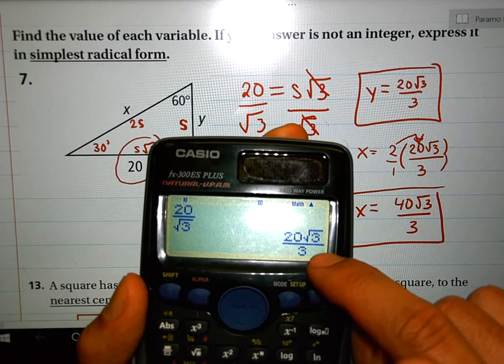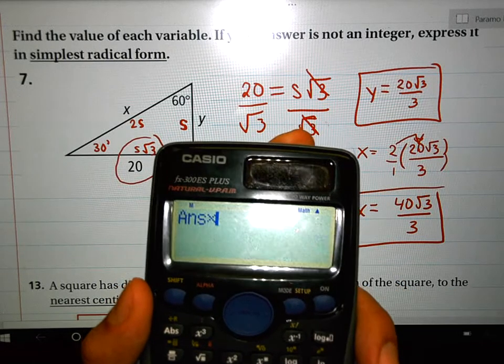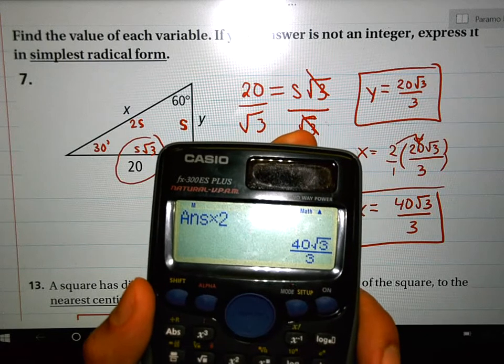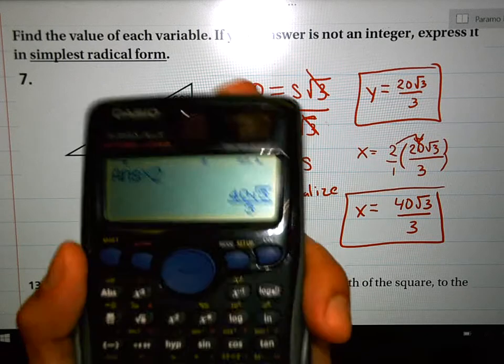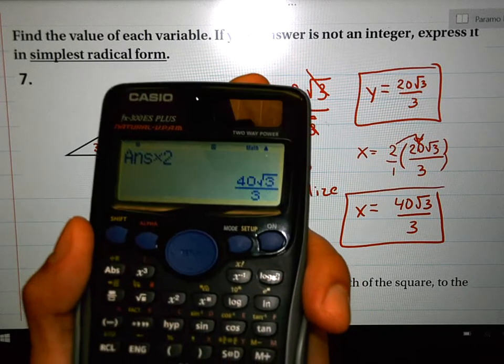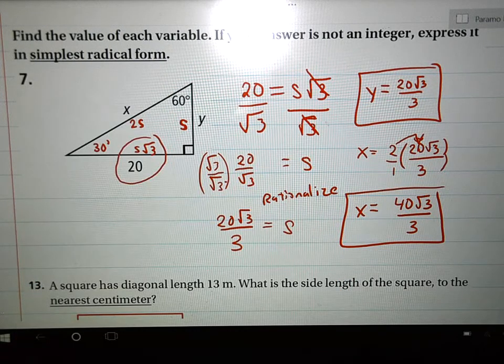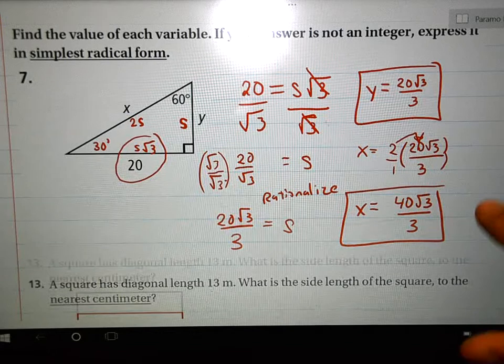And then if you want, you can even multiply this by 2, and it will double it for you and tell you your answer should be 40 root 3 over 3. That's why I like these calculators, because the Casio's 115 and the Casio 300, FX 300, both do radical form, and that's a nice advantage of them.